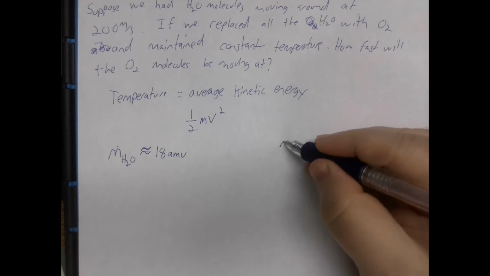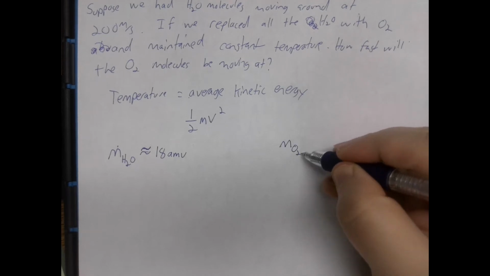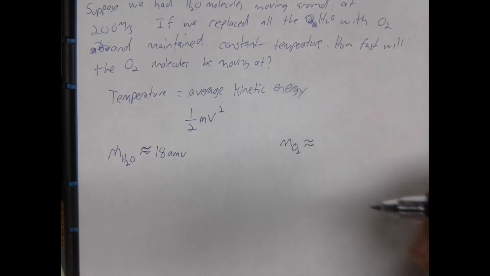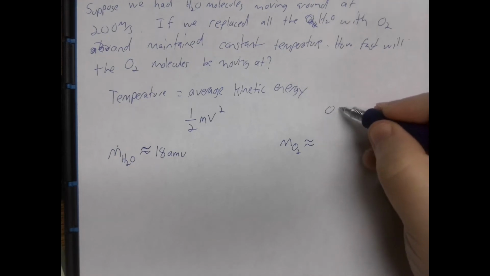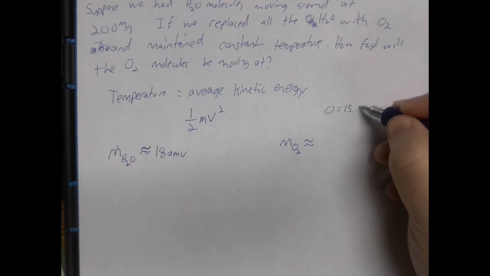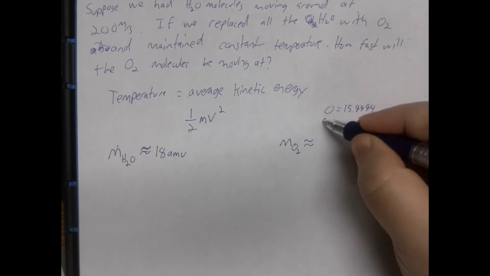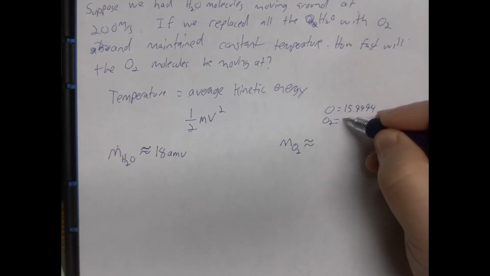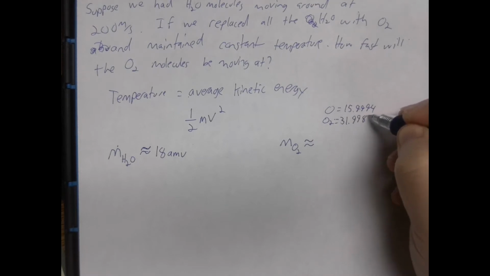What about the mass of an O2 molecule? Well, oxygen, if you remember, is like 15.9994. So O2 would be 31.9988 AMUs.